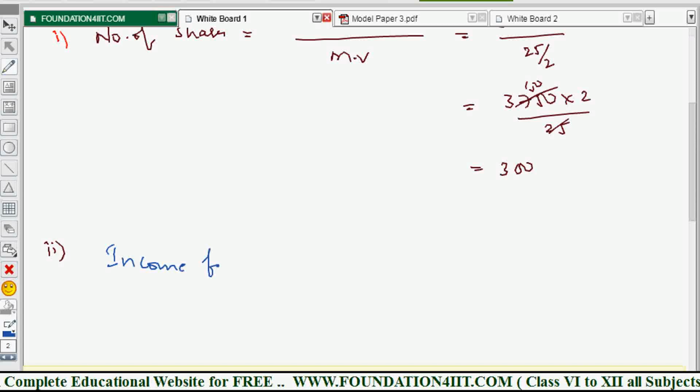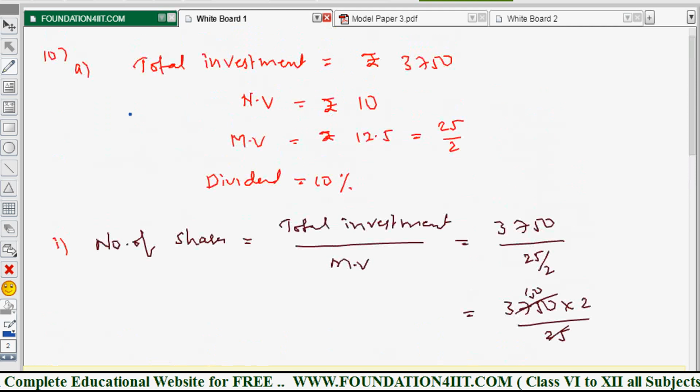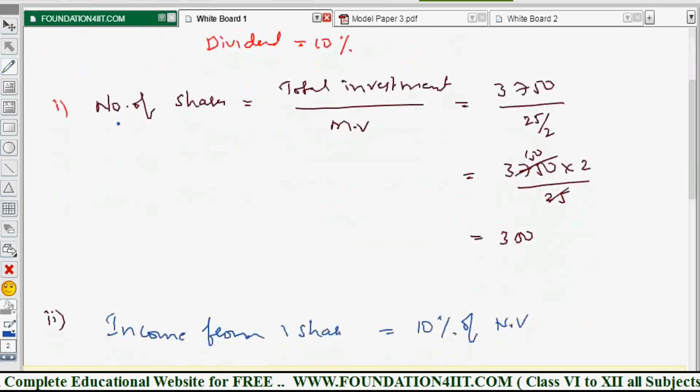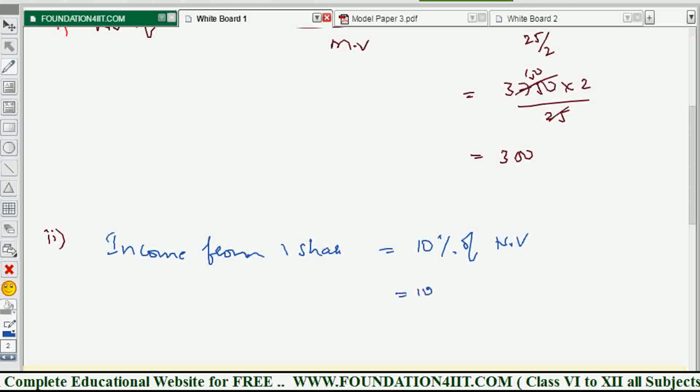Dividend is 10% on nominal value, and nominal value is rupees 10. So dividend percent on nominal value is the income from one share. 10% of 10 is 10 by 100 into 10, that is equal to 1. So rupees 1 is the income from one share.